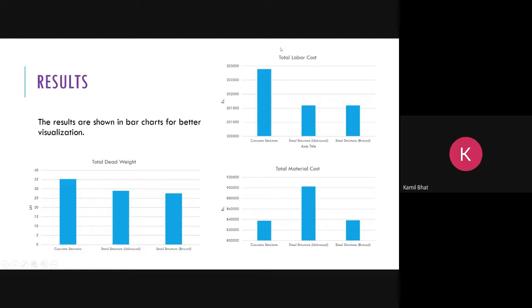As for total labor cost, it's less for steel structures, as we can see in the top right bar chart. And for total material cost, it was highest for steel structure. But when we use bracing, total material cost was reduced for steel structure.